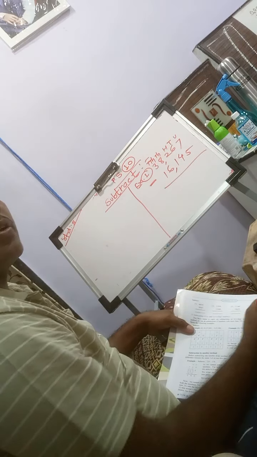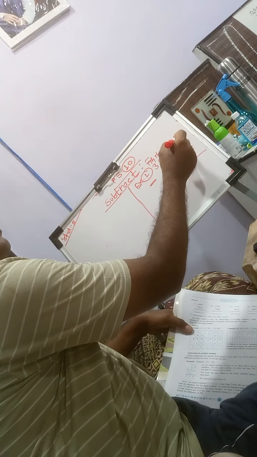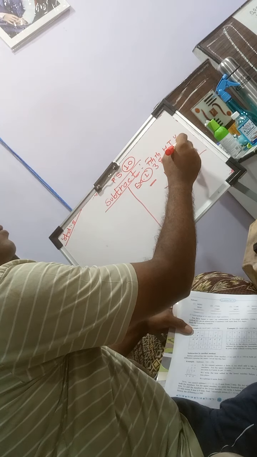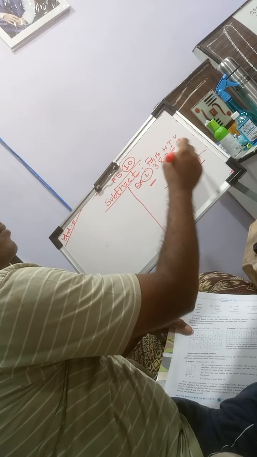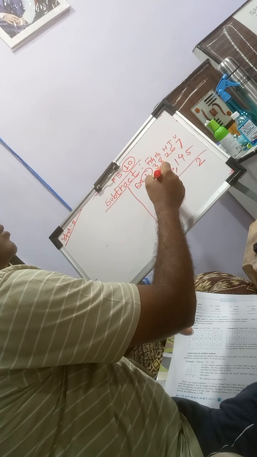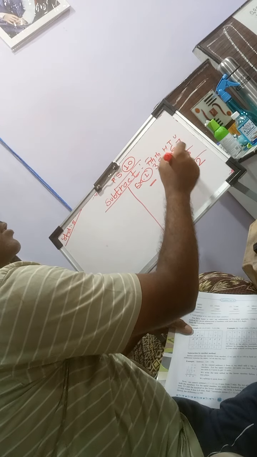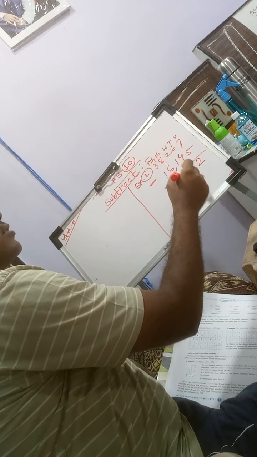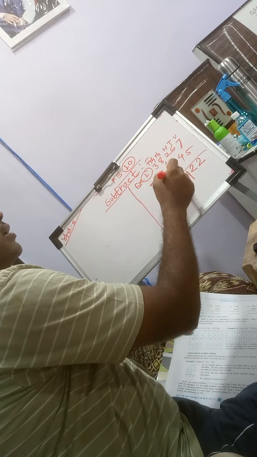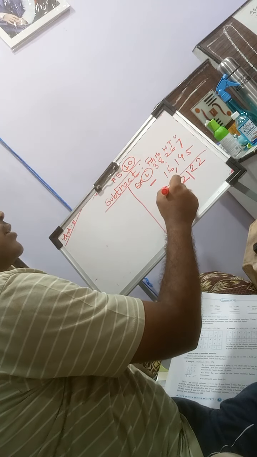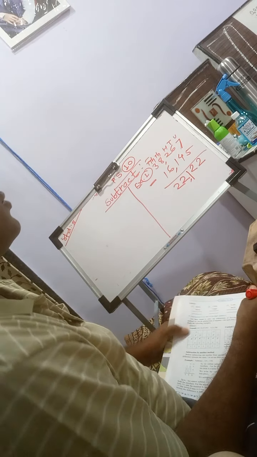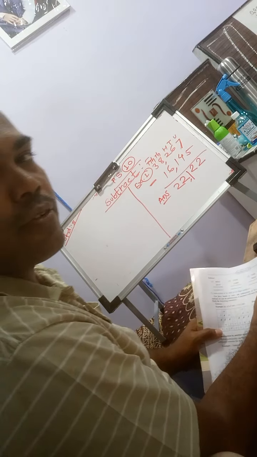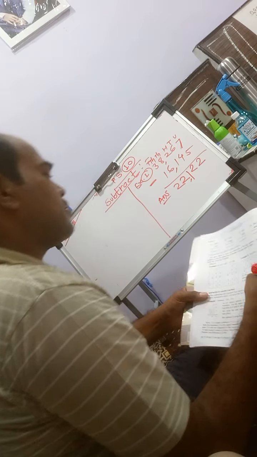From the unit place you have to start, okay? 7 minus 5, 2 will come. 6 minus 4, it will become 2. 2 minus 1, the answer will be 1. 8 minus 6, the answer will be 2. 3 minus 1, answer will be 2. So what is the answer? 22,122. This is the answer.